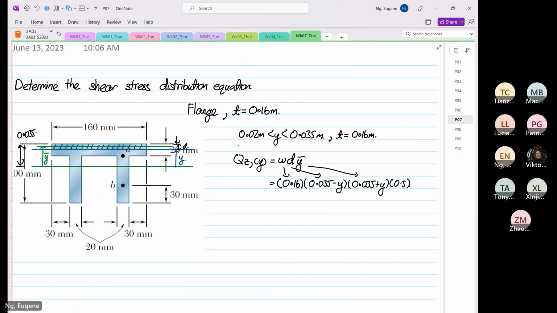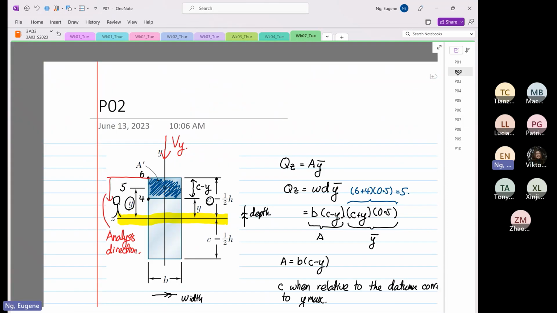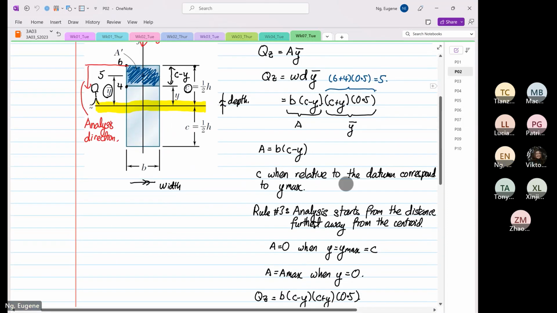Now, does this expression look familiar? The answer is yes, because we derived this expression before. It's over here: c minus y, c plus y, multiplied by 0.5, and b is the thickness, as we know.